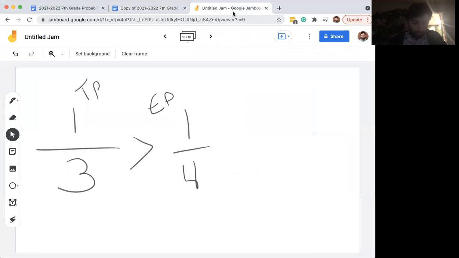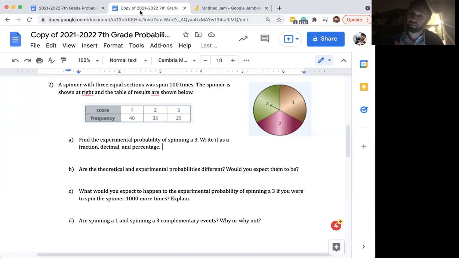I would say I would not expect them to be the same. Usually the experimental probability and theoretical probability are not identical. If I flip a coin 20 times, I'm not going to get 10 heads, 10 tails every time, but they're often close. So I would expect them to be different, but close.